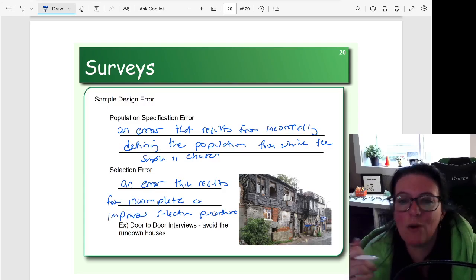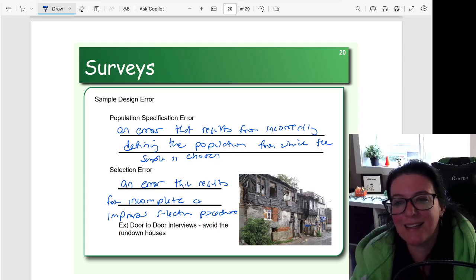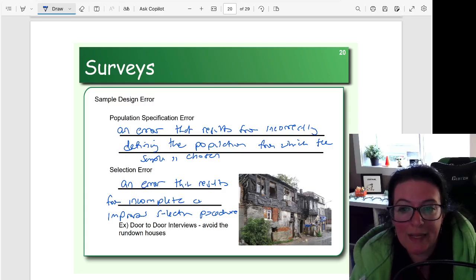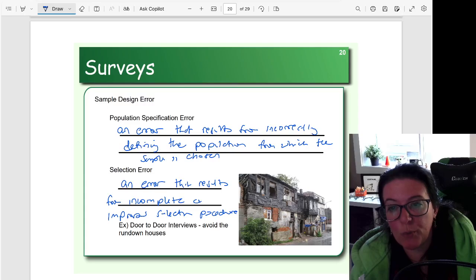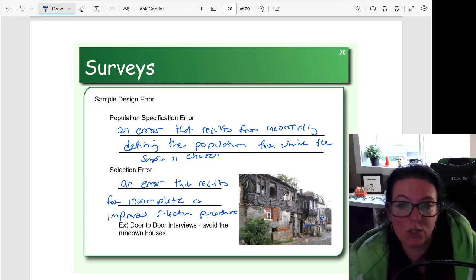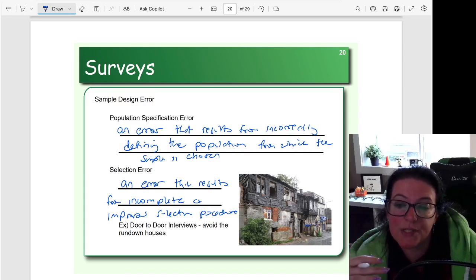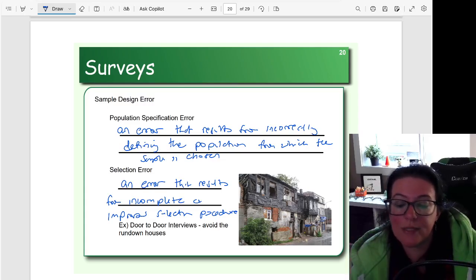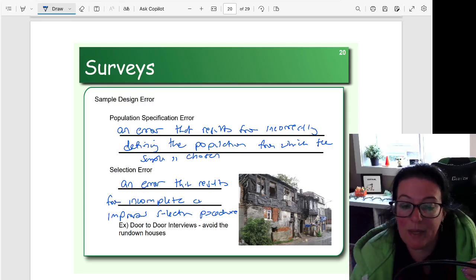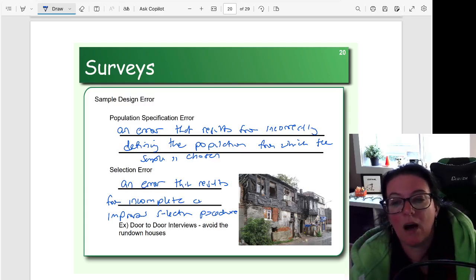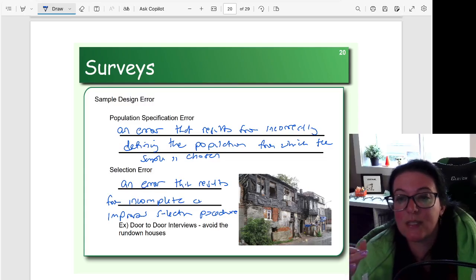Anyone in a more rundown house has a very low probability of being included in my survey, which means that there's a whole group within that population that's being excluded. So for example, if the rundown houses are going to be the poorer individuals, anyone below a certain income level is not going to be a participant in my sample, in which case the results of my survey are not going to reflect the needs, the interests, the opinions of lower income individuals. That whole group is being skipped from our analysis and from our inference.